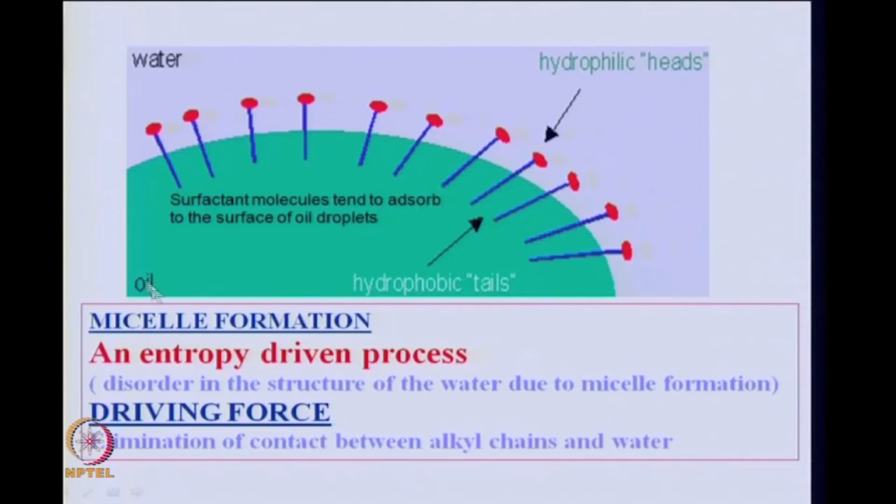So, you can look at the picture, where you have this kind of droplet where the surfactant molecule tends to adsorb, and in this case, if this is the head group which is polar, then the hydrophobic tail will be going into the oil droplet or the non-aqueous medium, and the polar head groups will be in the aqueous medium or wherever there is water.